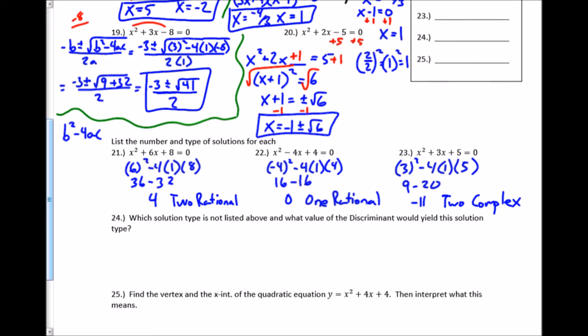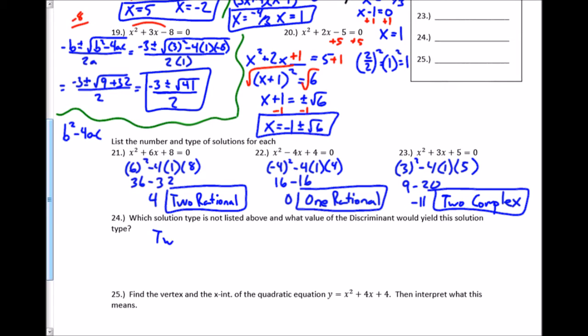And now number 24 is kind of asking me to look back and say, okay, what am I missing? What's not present up here? I've got 2 rational, 1 rational, and 2 complex solutions. The only other option here would be to have 2 irrational solutions.